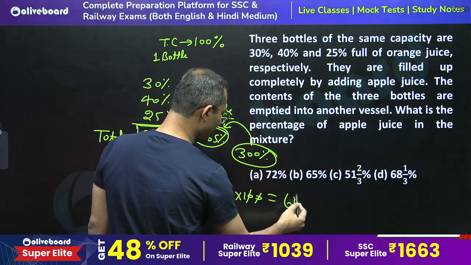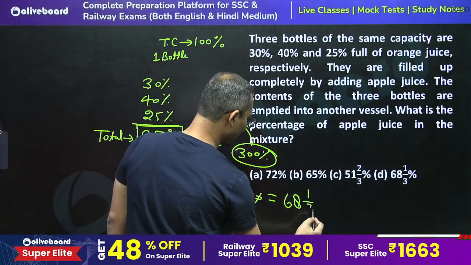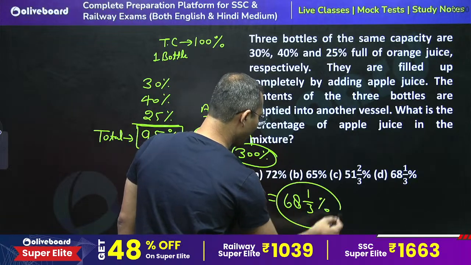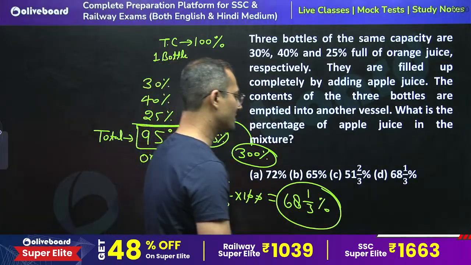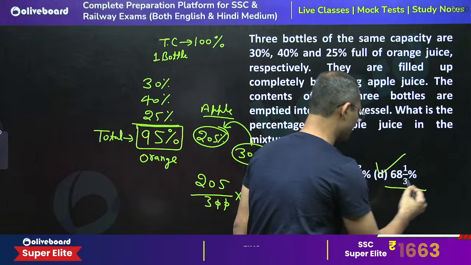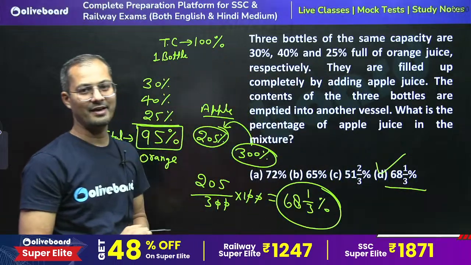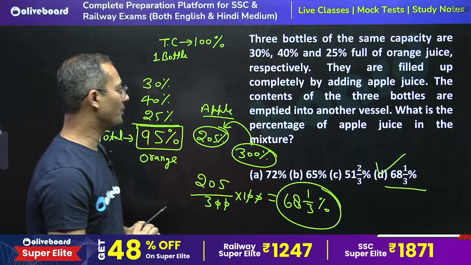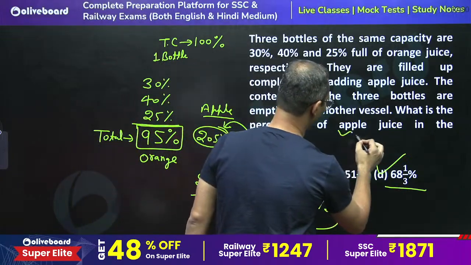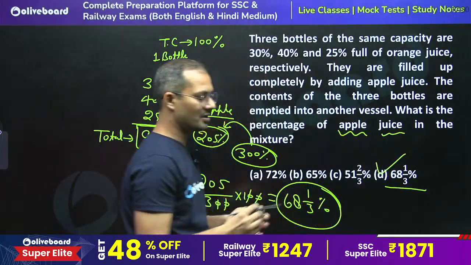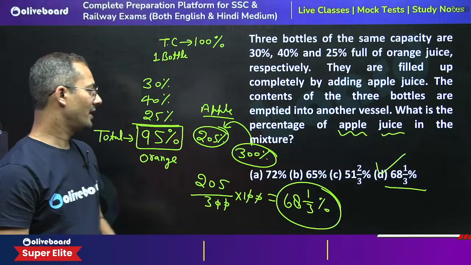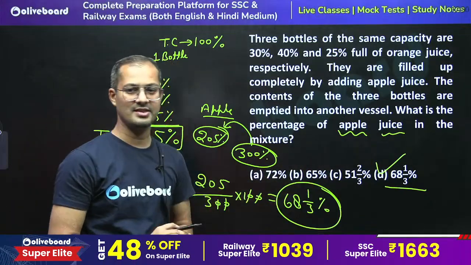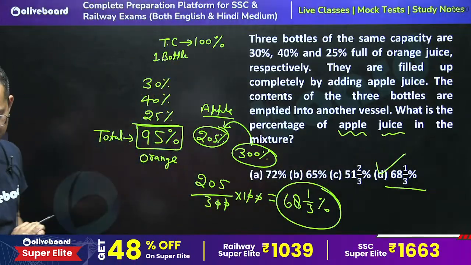So 3 8 is 24, 1 by 3%. So 68 whole 1 upon 3% is the right answer. D is the right answer. So the portion of apple juice in the new mixture is going to be 68 whole 1 upon 3%.